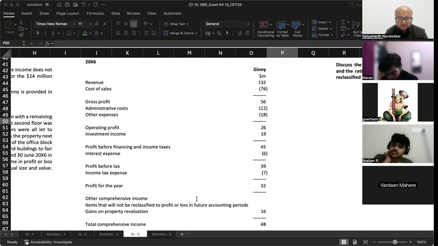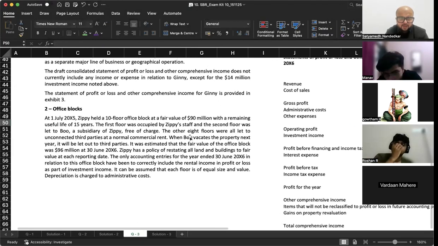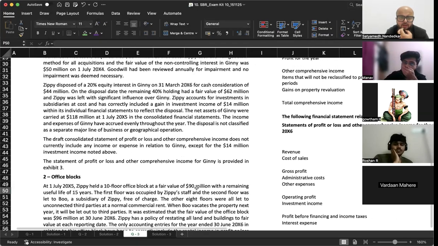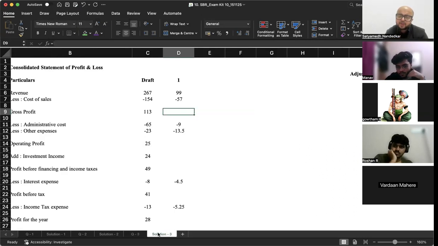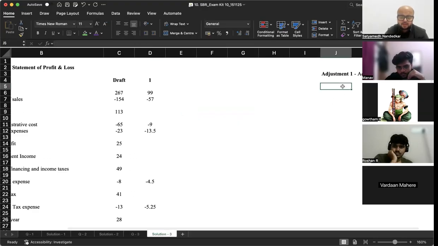The first thing is, in investment income, a 14 million gain has been included in investment income. So we'll have to remove that, and in its place we'll have to calculate the gain or loss in consolidated financial statements.